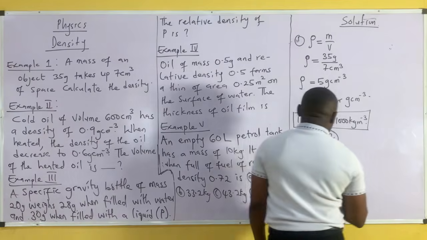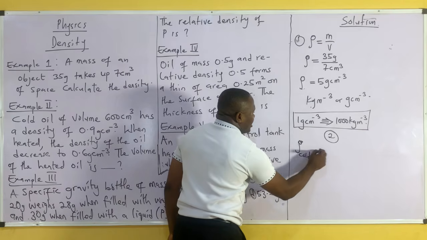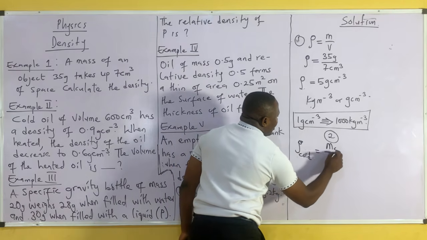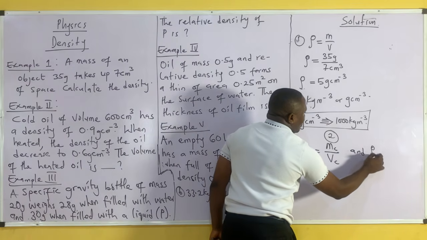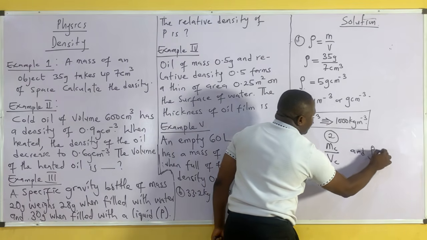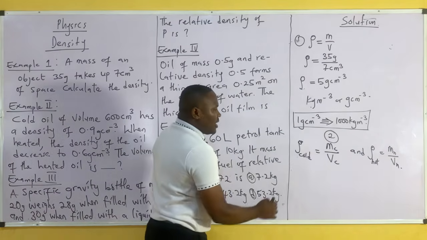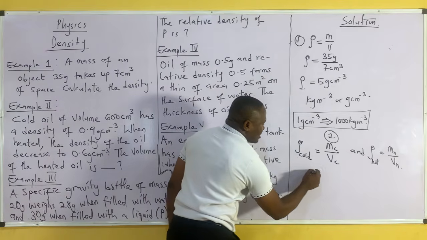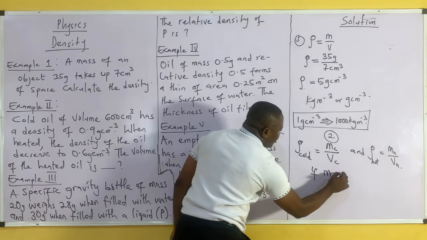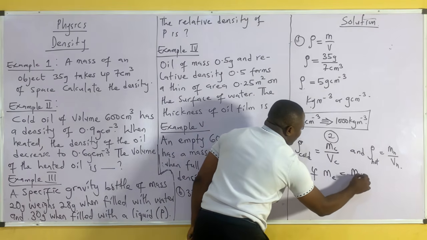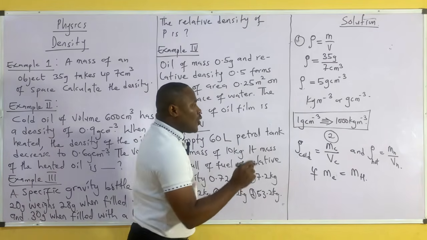So I can say here that density of cold oil is equal to mass of cold oil over volume of cold oil, and the density of hot oil is equal to mass of hot oil over volume of hot oil. If mass is constant, if the mass of the cold oil equals the mass of the hot oil, what are we going to be having?